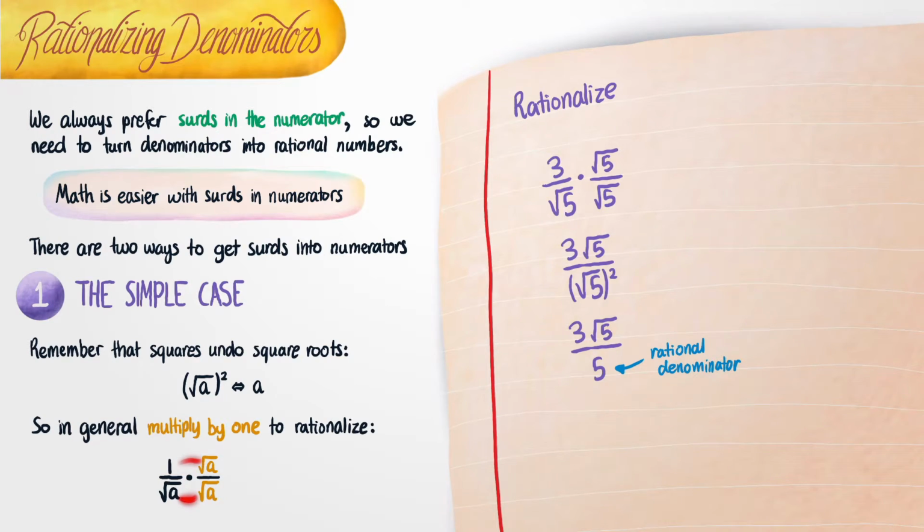When you do this, this is going to leave you with the square root of a all squared on the denominator. After this, we use the fact that the square root of a all squared is the same thing as a, as we showed before. So therefore we can say that 1 on the square root of a must be the exact same thing as the square root of a all divided by a.